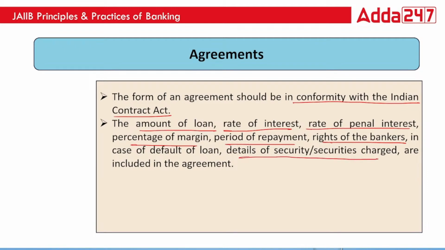In the rights of the banker, it is written what kind of legal measures the bank can take if the customer defaults. Whatever charges you are putting in, according to that you will be given the rights under the law to proceed against the customer.